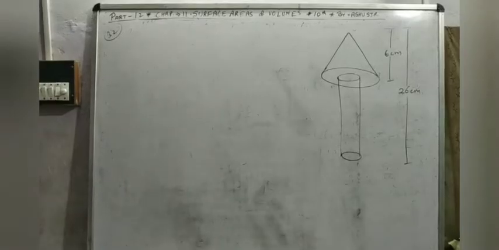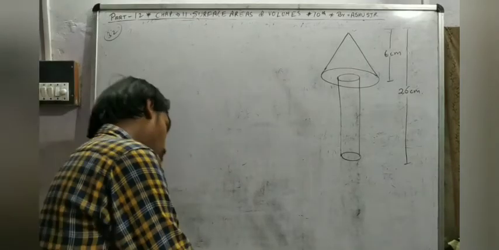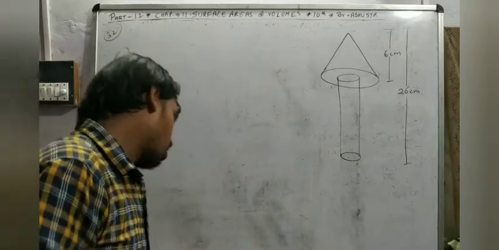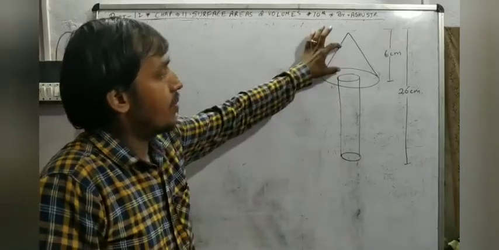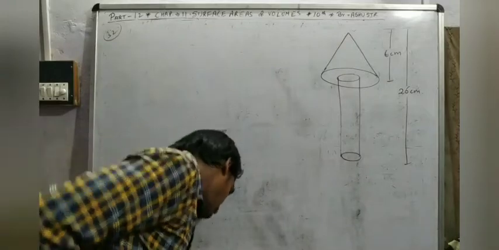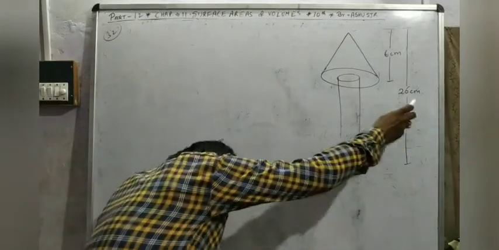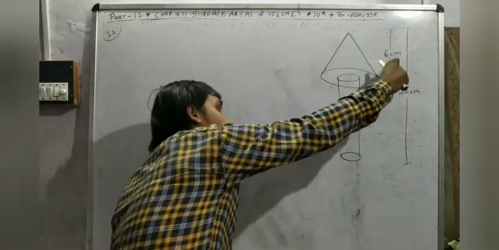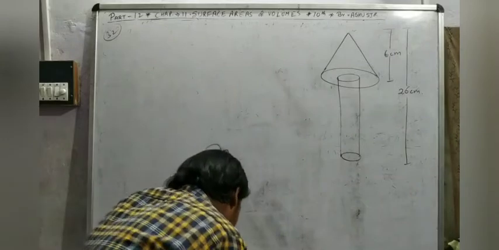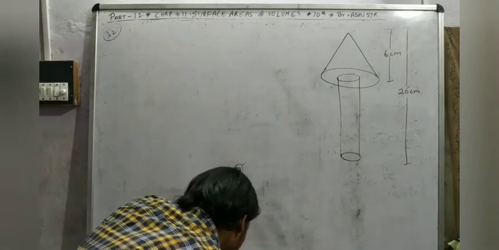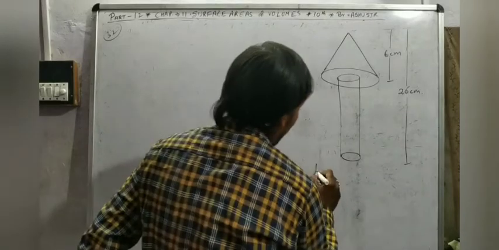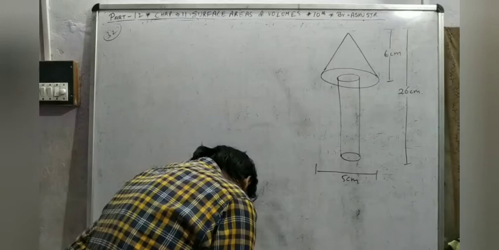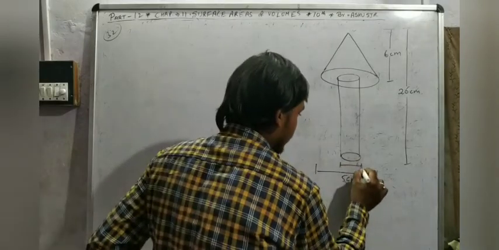Let's see. Good question. Now question. A wooden toy, you can see here, is in the shape of a cone mounted on a cylinder. The total height of the toy is 26 centimeters, while the height of the conical part is 6 centimeter. The diameter of the base of the conical part is 5 centimeter and the cylindrical part is 4 centimeter.